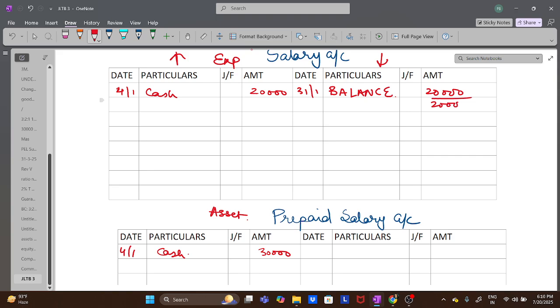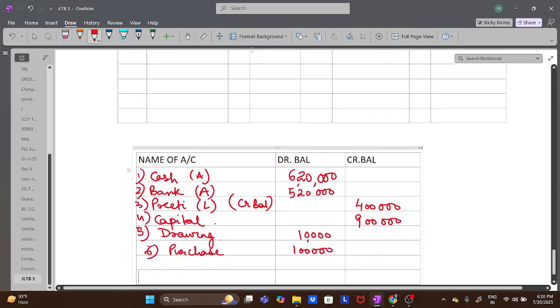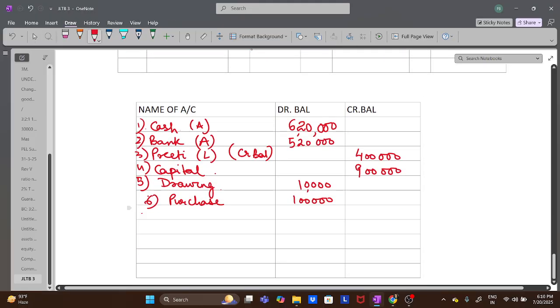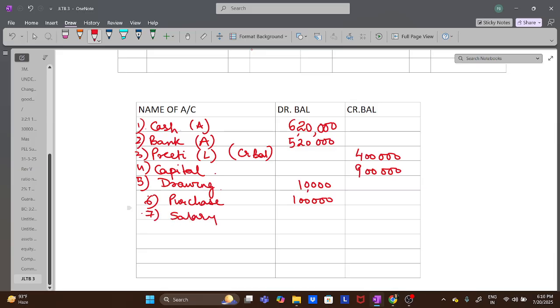Write the same as total. Close it with a double line. And here under debit balances, I write salary 20,000.